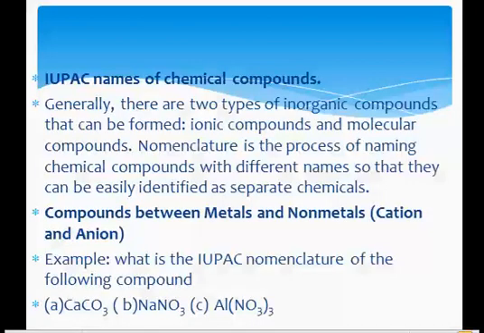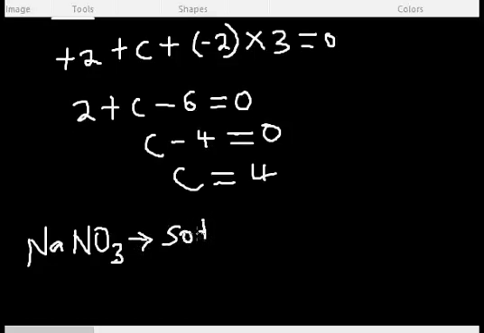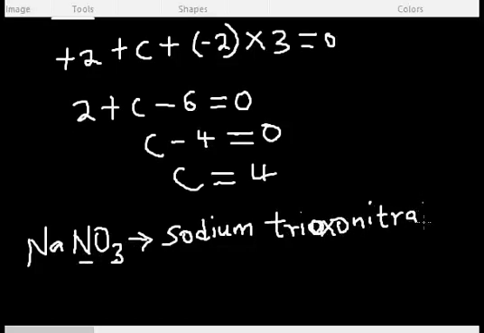All right, so let's look at the other name. The same procedure. First of all, I will name this sodium. Then this is going to be triazo, triazo nitrate. Then what's the number? What's the oxidation number of the nitrate? 5.